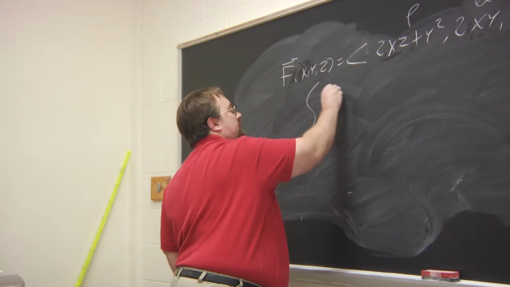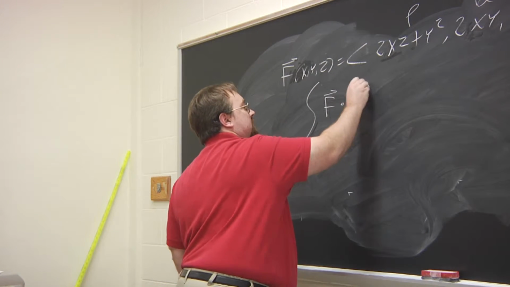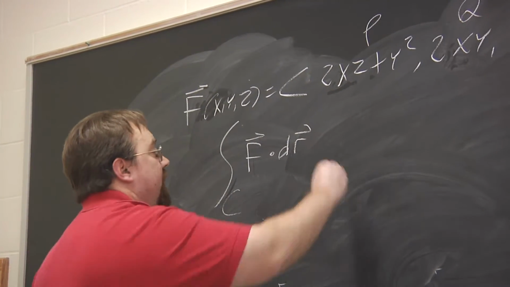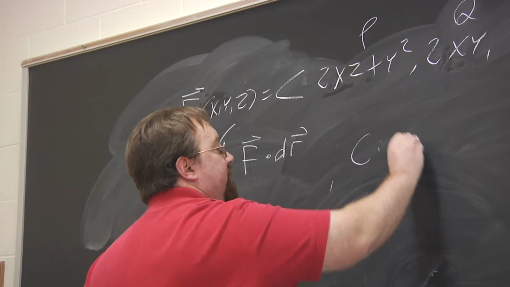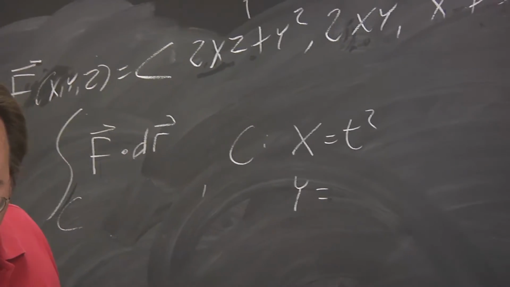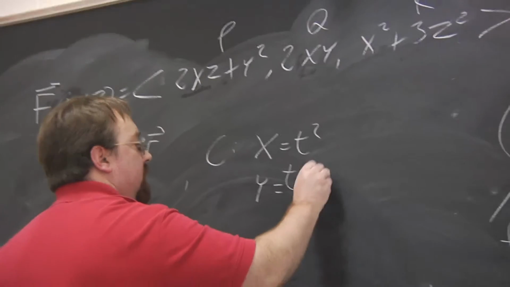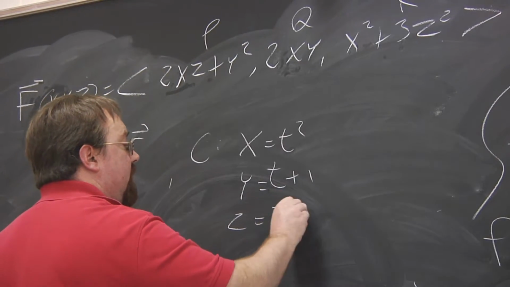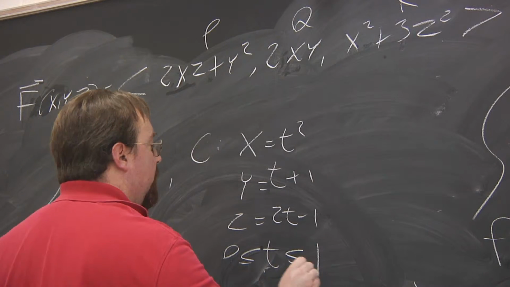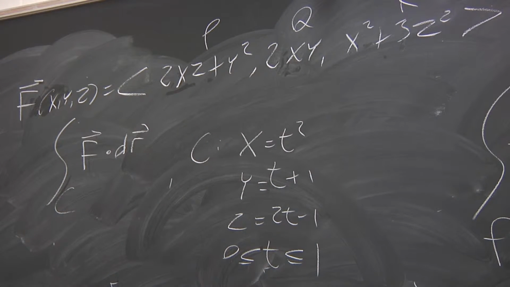So we're going to compute the line integral of f over a curve C, where C is defined by this parameterization. x is equal to t squared, y is equal to t plus 1, z is 2t minus 1, and t runs from 0 to 1.